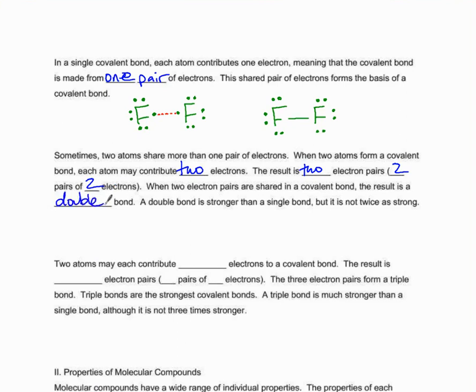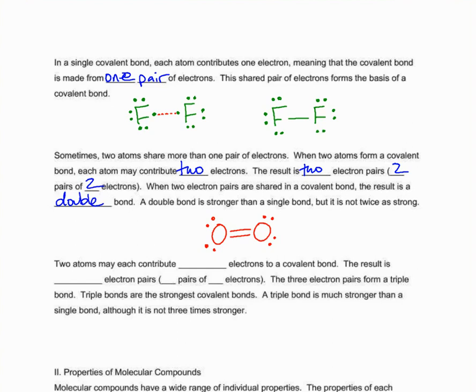Double bond. And this is like the oxygen example that we already saw. So we had 2 oxygens. They are each sharing 2 electrons. And they both think that they have a complete octet.